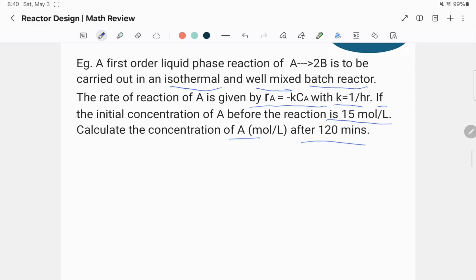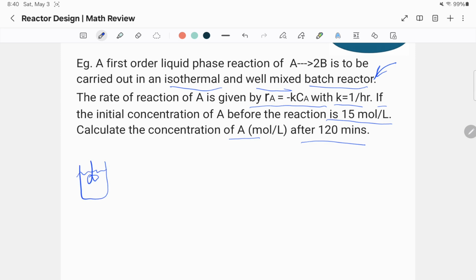So what I like to do before I start solving the example is identify the type of reactor we're working with and write down all our givens. As stated in the problem statement, we're working with a batch reactor.